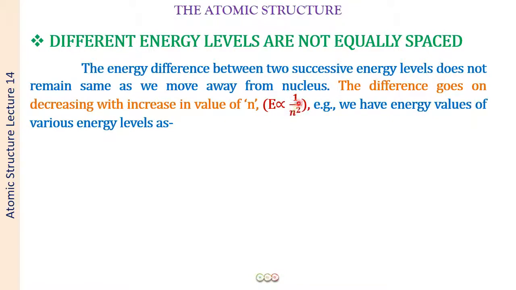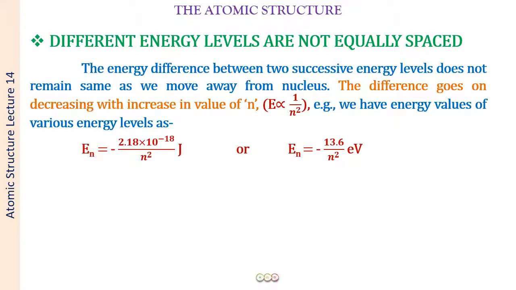And now the difference, this is not negative, this is a positive difference. So the difference is going to decrease with increase in value of n, whereas the energy itself is going to increase with the value of n. So this is very important. Please do remember and do not commit any mistake.